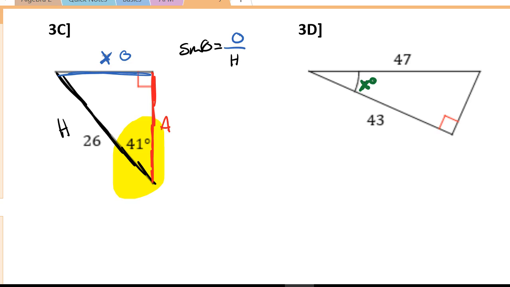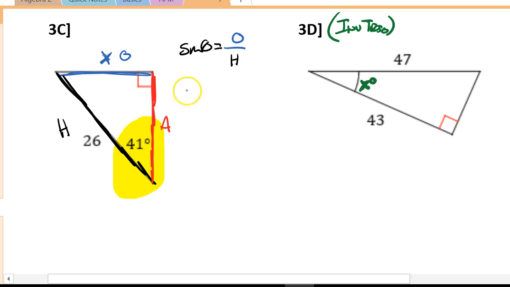If you don't recognize this ahead of time, that's completely fine. We're going to approach the problem exactly the same way. But just for those savvy problem solvers, I'm looking for a side length here, so I'm going to use the trig ratio. Here I'm looking for an angle measure, so that means I'm probably going to use inverse trig at some point to help me out.